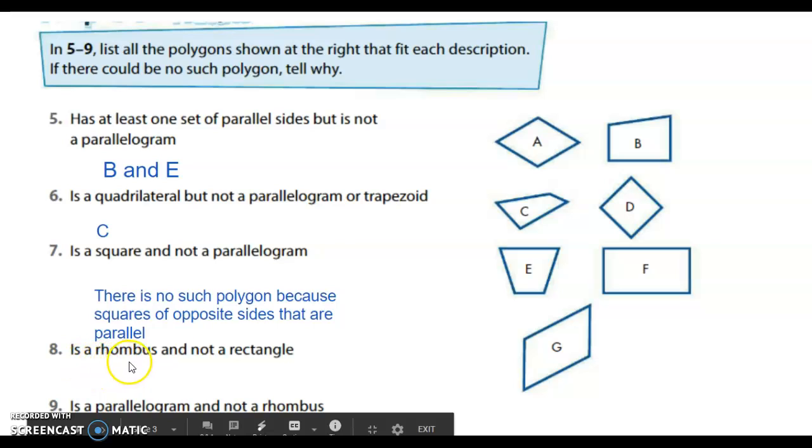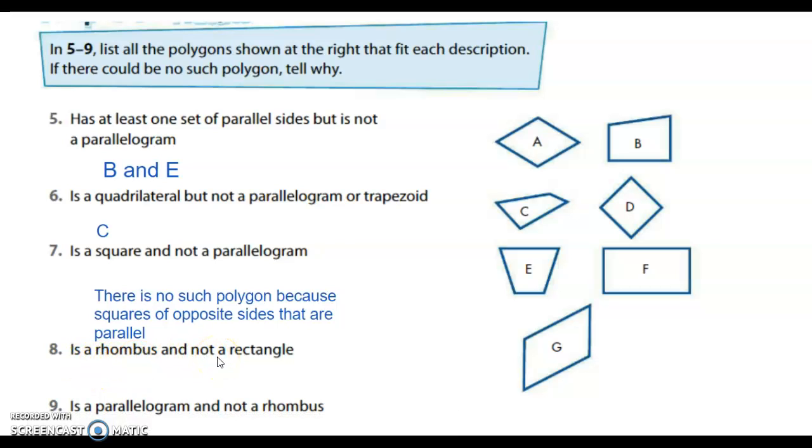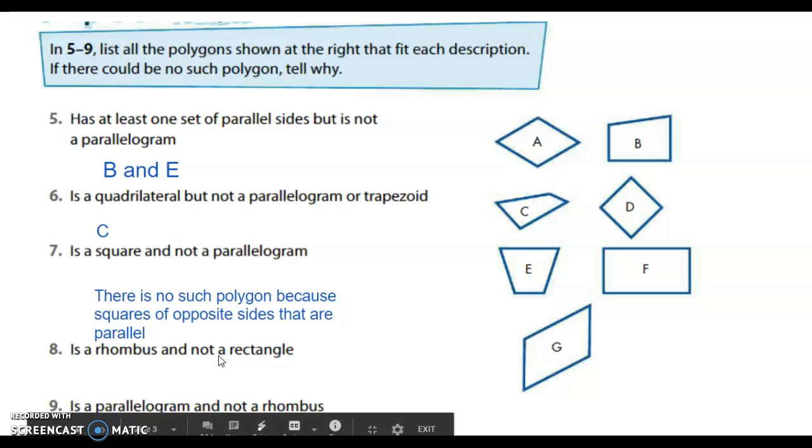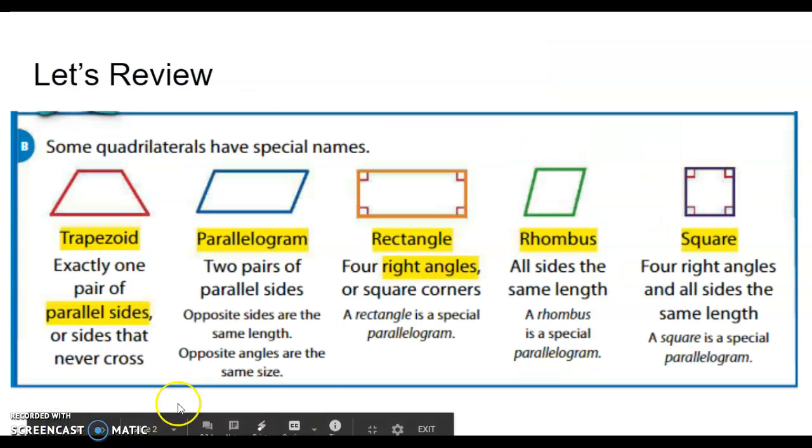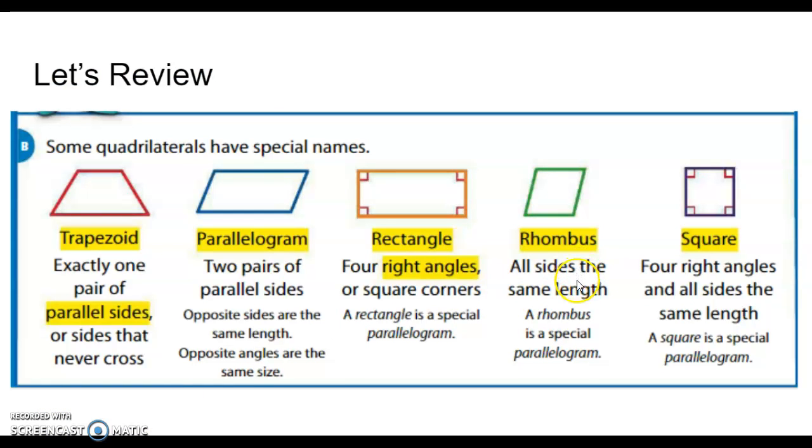Number 8 is a rhombus but not a rectangle. All right, so a rectangle has four square corners, and a rhombus has all sides the same length.